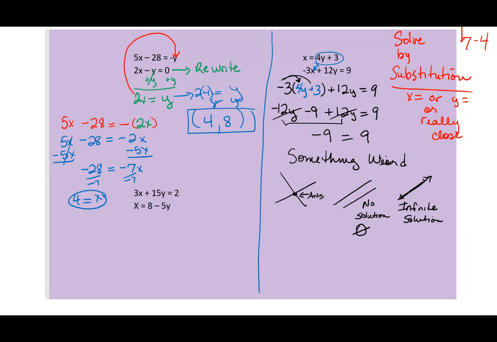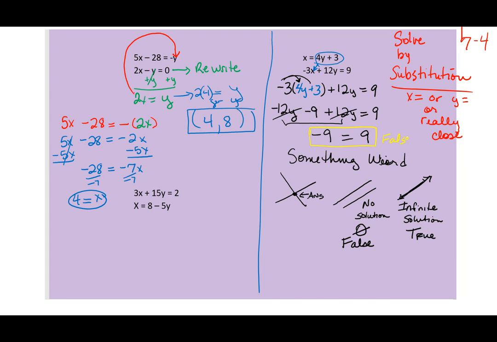Back when we did regular equations, when something weird happened, if we had a false statement, it was no solution, and if we had a true statement, it was infinite solutions. So let's look at what we have here. We have negative 9 equals 9. Is that true or false?